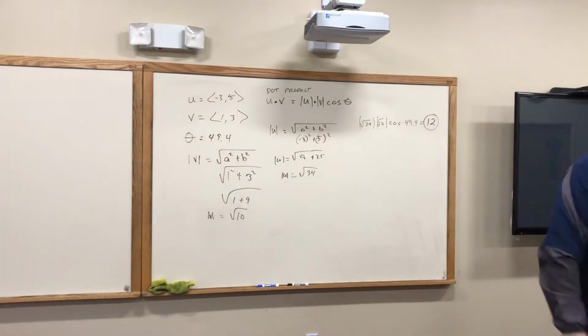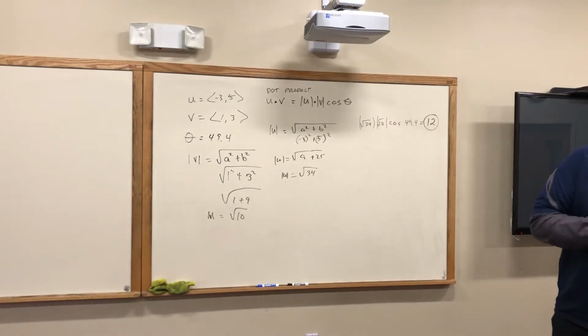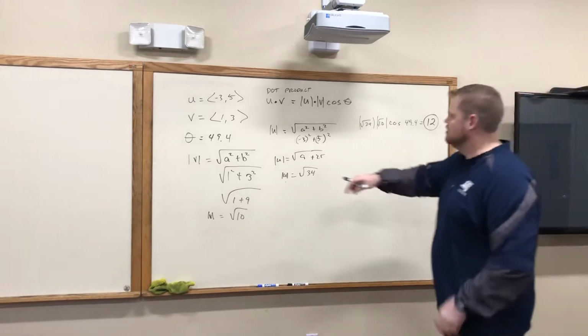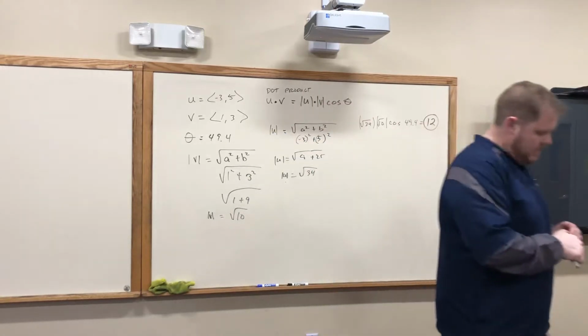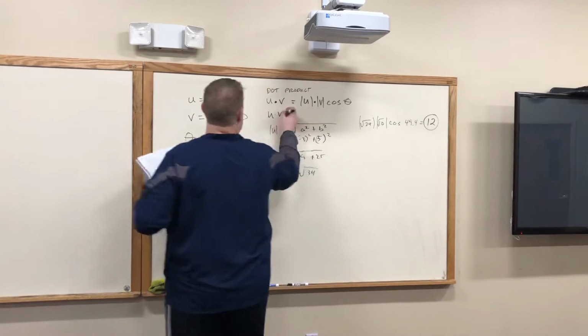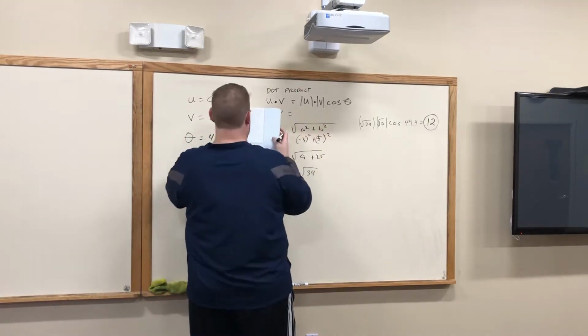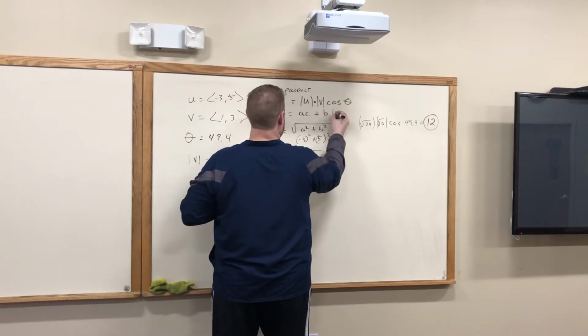Now, another way to solve this very problem is if they gave you this dot product, and what they're going to say to you is this. If it's uv, that's another way to solve this. It's a secondary way to solve this. What you would do is uv equals ac plus bd.